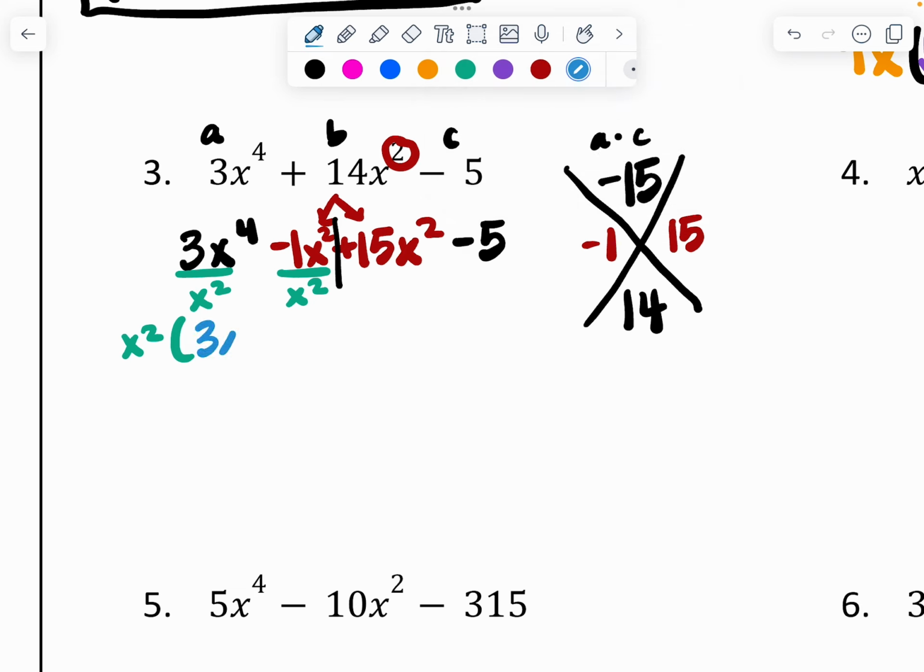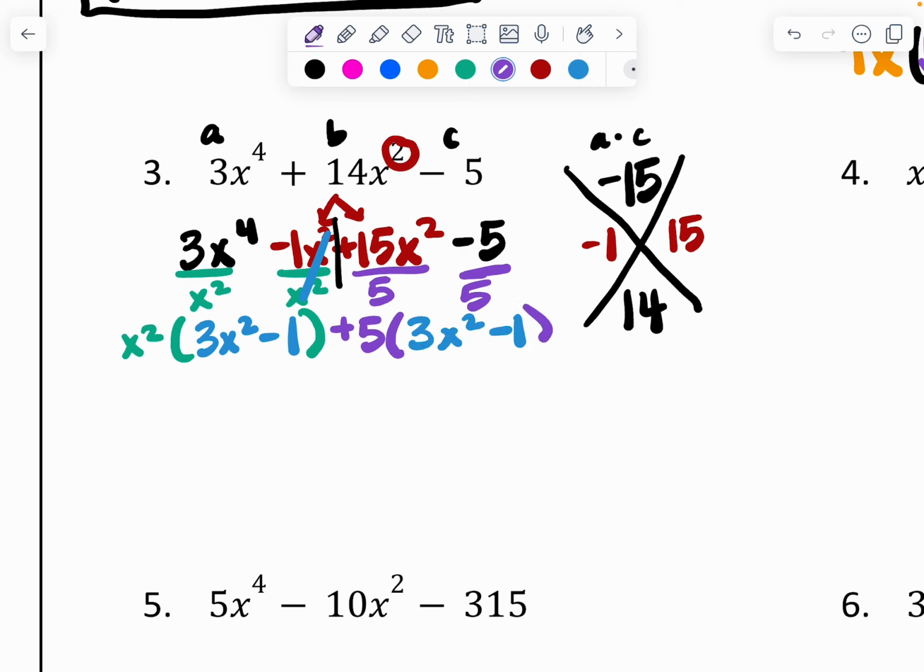So I get 3x squared minus 1. And here I'll factor out 5. Oops, not negative 5. Three x squared minus 1. 3x squared minus 1 times x squared plus 5.